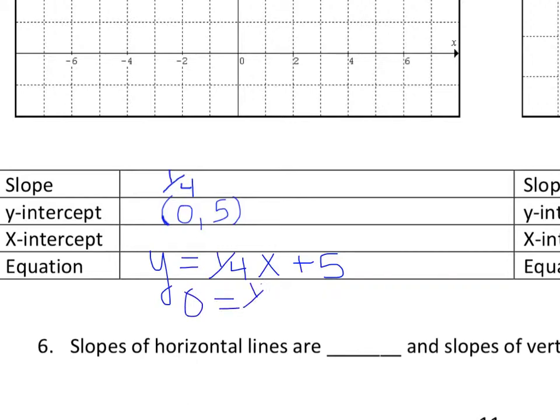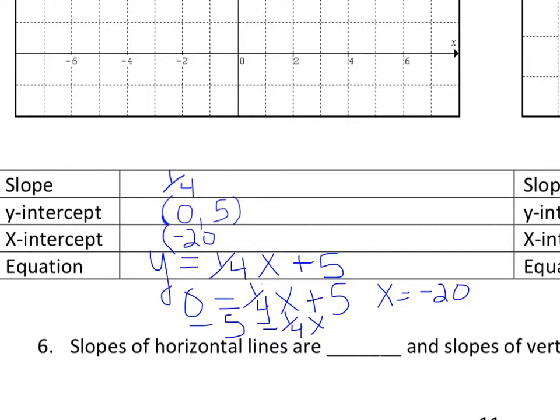So it's 0 equals 1/4 x plus 5. We subtract 5 on both sides, and then multiply by 4, and we see that that's happening at x equals -20. So it would be -20, 0 for the x-intercept.